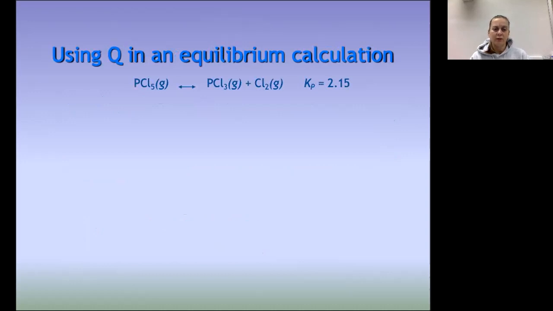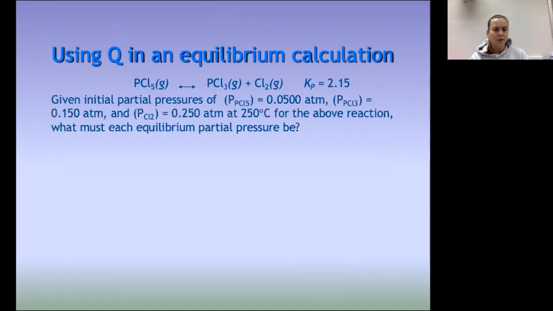So it's going to tell us which of our reactants and products are going to gain and which are going to lose in order to reach equilibrium. So we're given initial partial pressures. Our phosphorus pentachloride is 0.0500 atmospheres, phosphorus trichloride is 0.150 atmospheres, and the pressure of chlorine is 0.250 atmospheres. So it's asking us what the partial pressures are going to be at equilibrium.